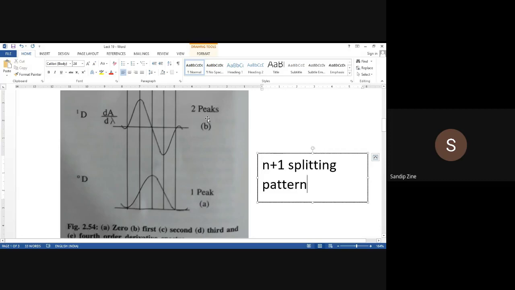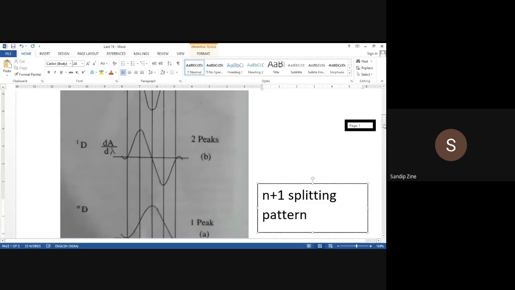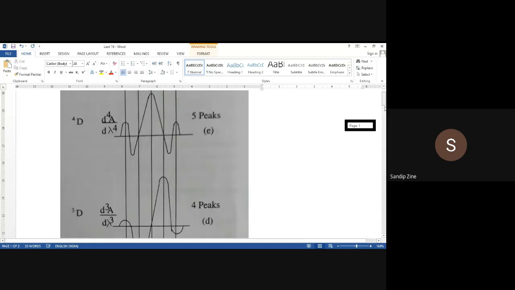Another observation we can make is that derivative spectra are more structured, isn't it? You will get clear cut differentiation, more structured than the original spectra, since the number of peaks goes on increasing with the increase in the order of derivative. We have seen the number of peaks increasing from first order, second order, third order, and fourth order.